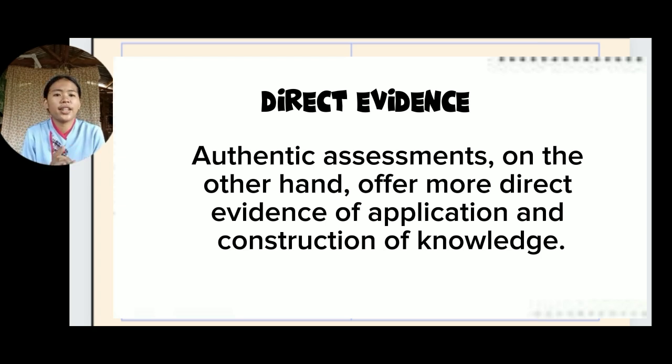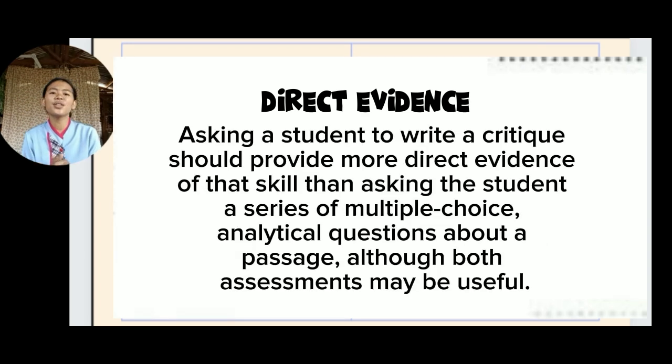Can a student effectively critique the arguments someone else has presented? An important skill often required in the real world, right? So asking a student to write a critique should provide more direct evidence of the skill than asking the student a series of multiple choice analytical questions about a passage, although both assessments may be useful.